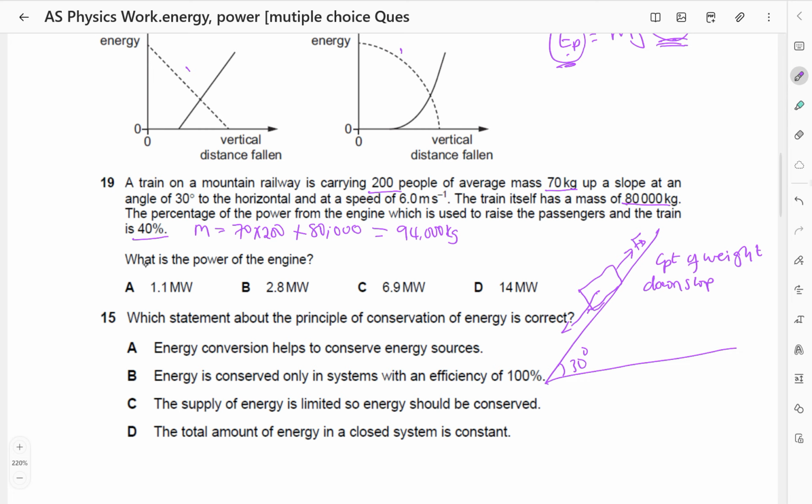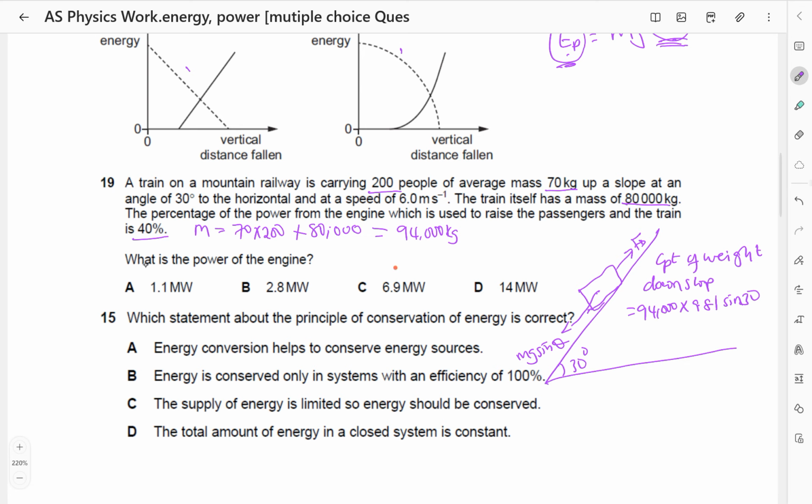Since the weight is mg, this component is going to be mg sine theta. So this will be 94,000 times 9.81 sine of 30. That is the component down the slope.